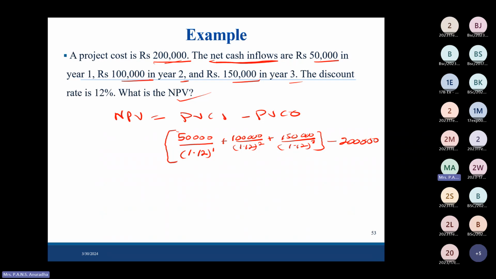You can tell me the answer or you can put it into the chat box. What is the NPV?